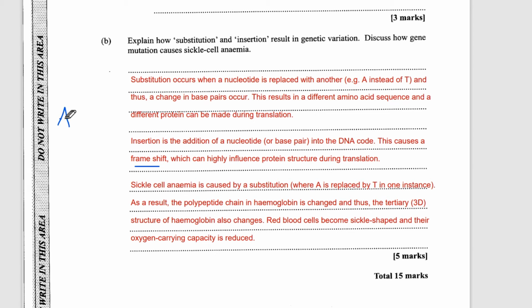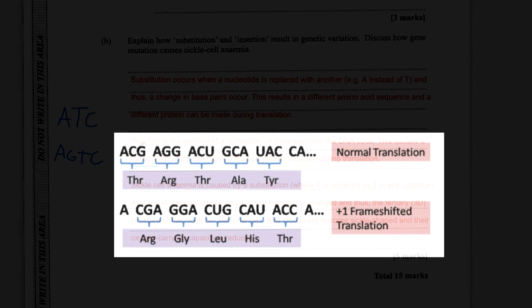So if I had A, T, C, and somehow a G gets added in there, A, G, T, C, then instead of whatever is made from ATC, it's going to read from AGT, C, whatever. So it's going to cause a frame shift, and that could actually affect the entire protein structure. So these are generally a little more dangerous.